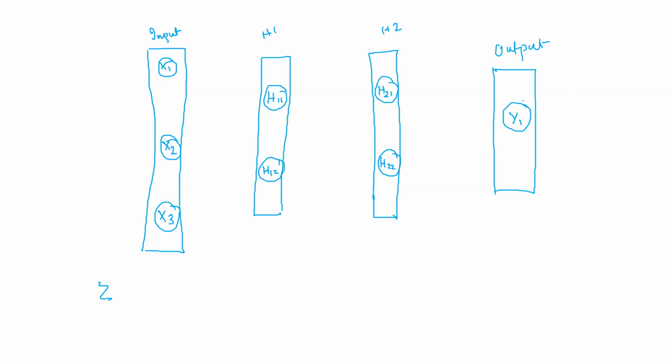So if I have to think about the neural network that I'm talking about, physical system, then each of these x1, x2, x3 are the inputs, right? And H11 and H12 are the first 2 neurons. The first neuron is H11, which takes this input x1, x2, x3, adds it up with some weightages, transforms it, and sends it to the next layer. Similarly, H12 is a parallel neuron. It's not a sequential neuron.